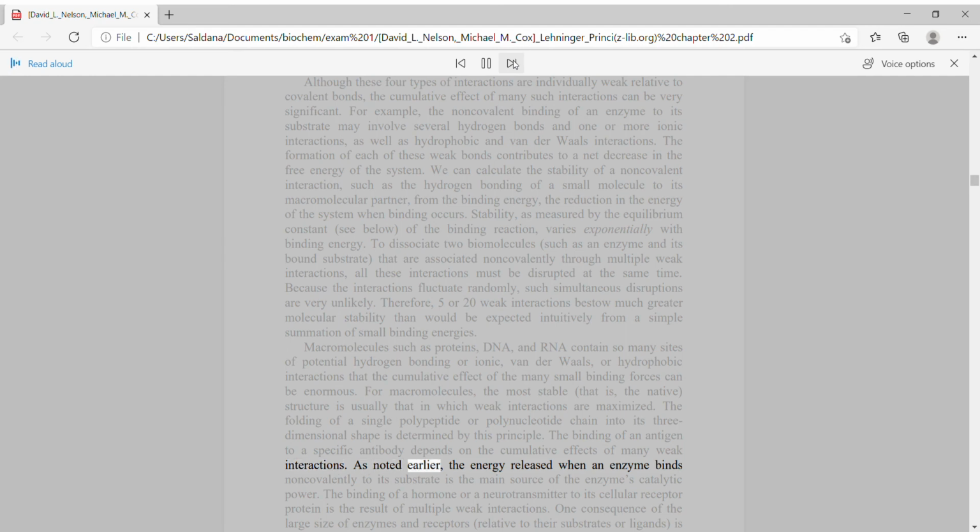As noted earlier, the energy released when an enzyme binds non-covalently to its substrate is the main source of the enzyme's catalytic power. The binding of a hormone or a neurotransmitter to its cellular receptor protein is the result of multiple weak interactions.